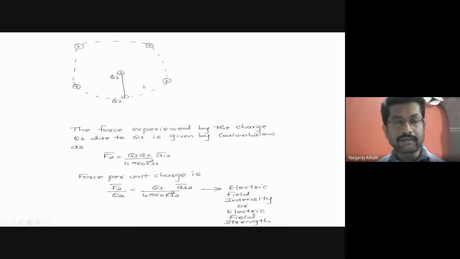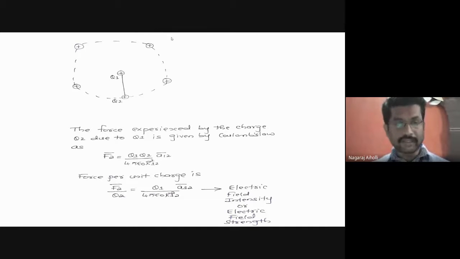Then what it means is, there is a certain region in which the charges experience the force due to the charge placed at the center, that is Q1.